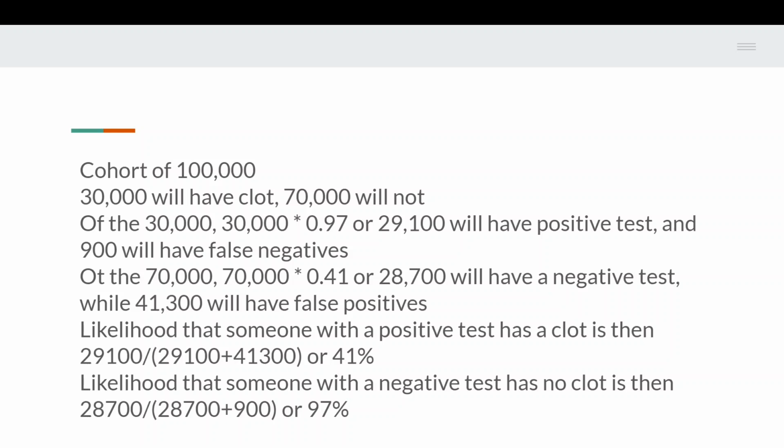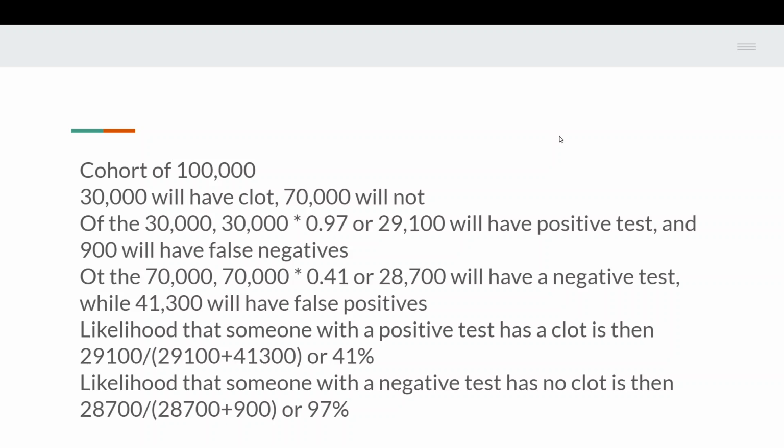Of the 70,000 people who don't have a clot, 41% will have a negative test, which gives you 28,700, while 41,300 will have false positives. That's a huge false positive rate.